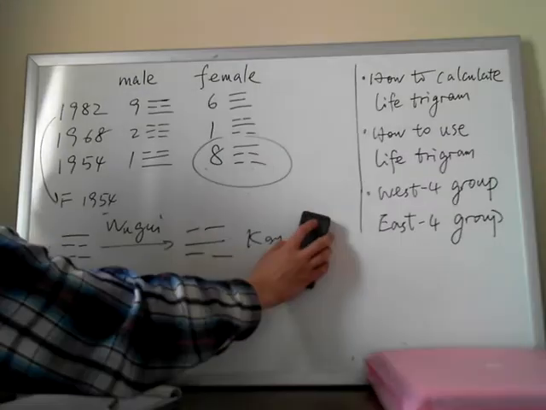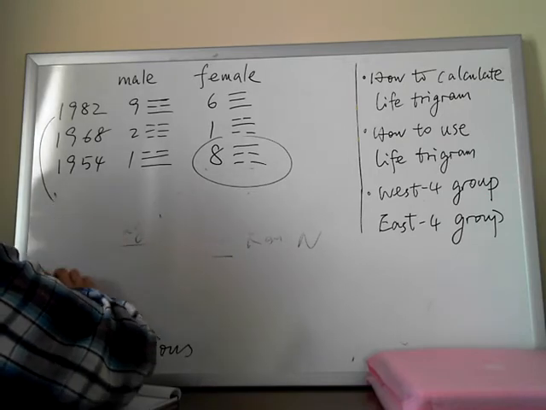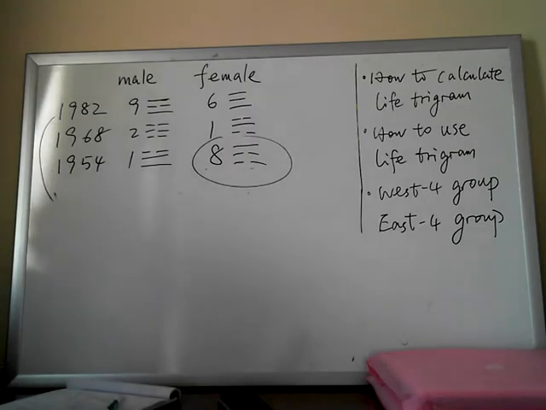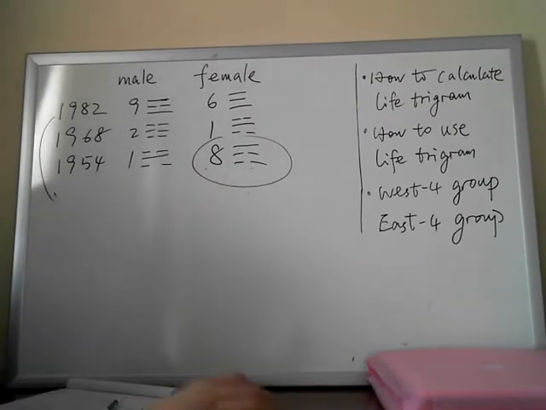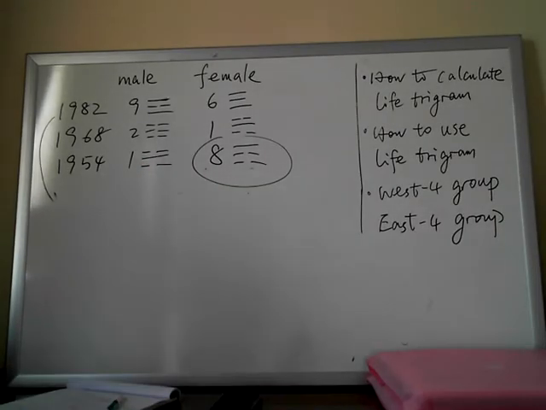Okay. So one thing I have to emphasize here is don't. Sorry, this is can. I know some people would use the life trigram to describe the character or personality of a person. Well, don't do that.